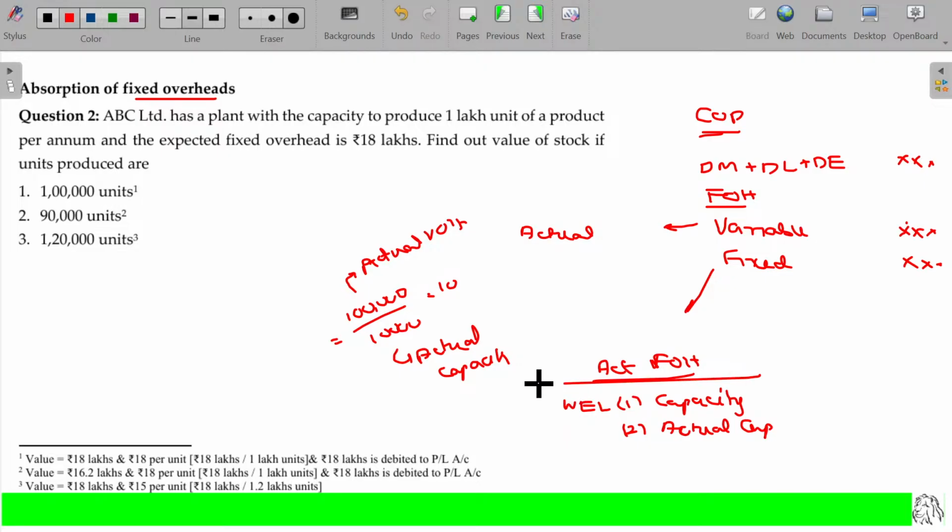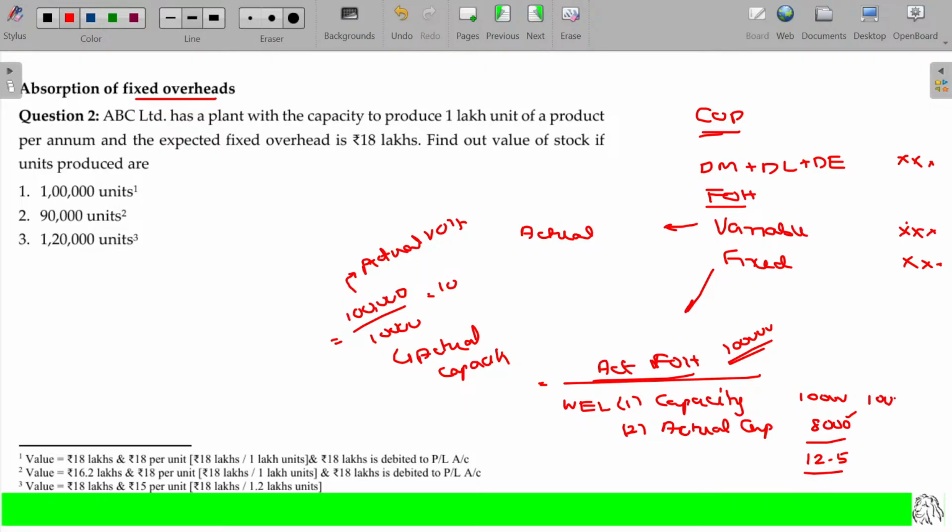Is that clear? For example, fixed overhead being 1 lakh. Full system capacity being 10,000, but actual capacity is only 8,000. Then this 1 lakh is divided by what? 8,000. Come on, tell me the cost per unit here. Is it 12.5?